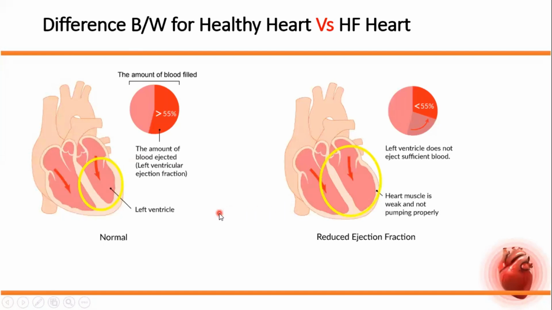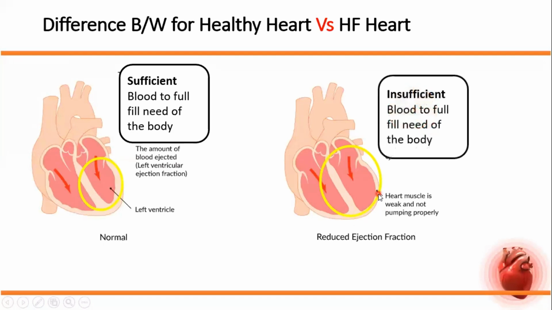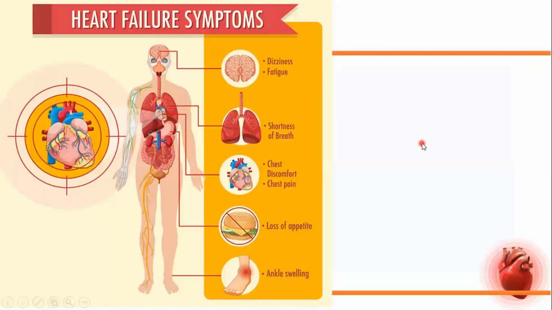Because of sufficient contraction in the normal heart, the heart is sending a sufficient amount of blood to the body, so the whole body is receiving the blood. Whereas in case of heart failure, because the heart is not pumping sufficiently, the heart is sending insufficient blood to fulfill the need of the body.